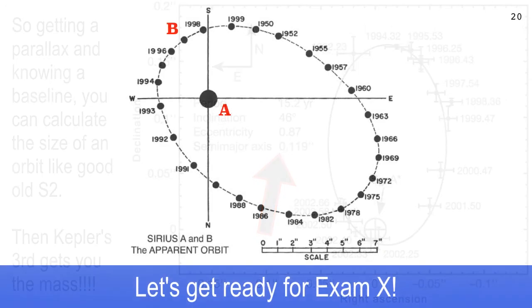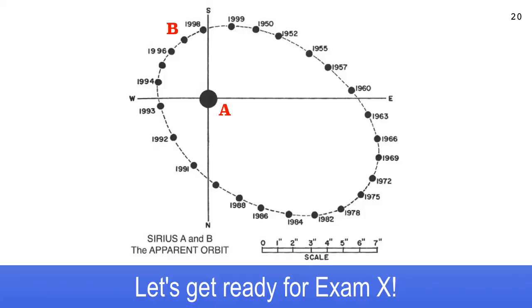Now, let's spend a few minutes talking about exam X. My wonderful students, this is a diagram of Sirius A being orbited by Sirius B. Be ready for my standard exam strategy.